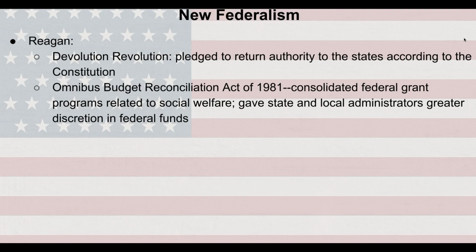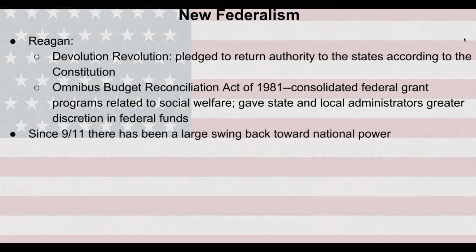And so he's really going to return a lot of the power of spending back to the states. So there are going to be federal programs that need to be administered in the states, but he's going to give the states much more power in how they do that and how they spend their federal funds.